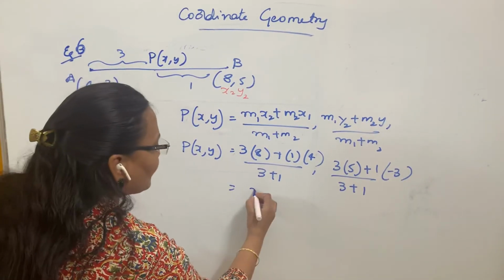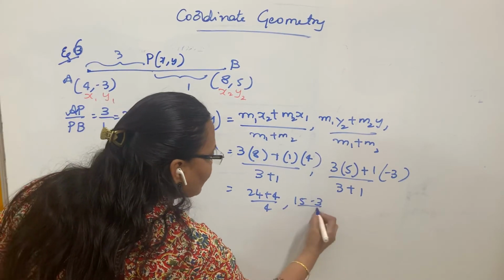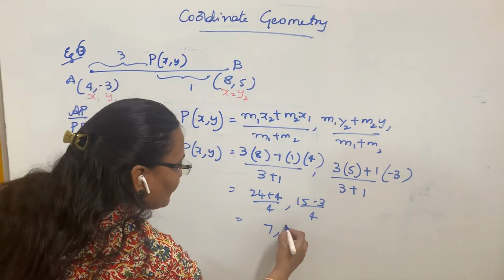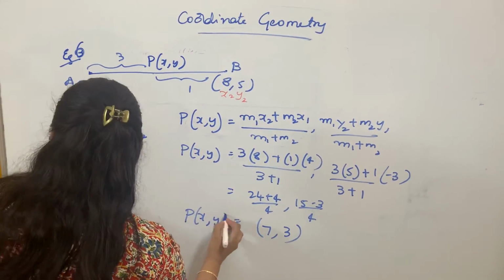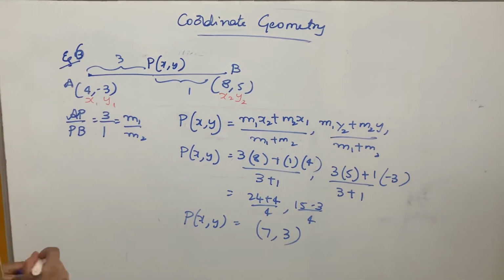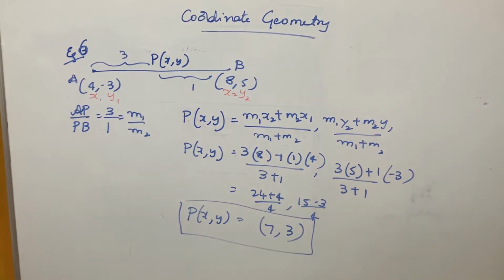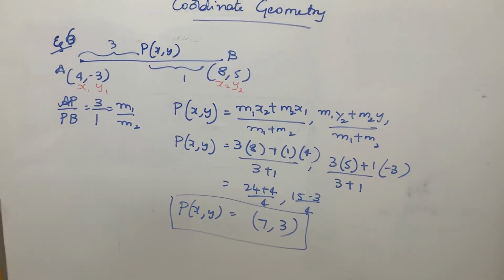That's it. 24 plus 4 by 4, 15 minus 3 by 4. So this becomes 28 by 4, 7 comma 12 by 4. So what is the coordinate for P x comma y? The answer is 7 comma 3. That's it. Fine. Understand this. Then I'll start sending solutions for the remaining questions.